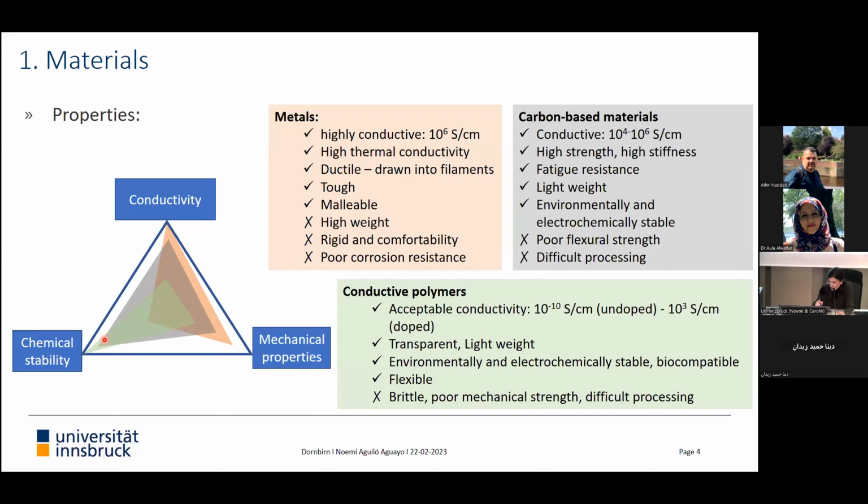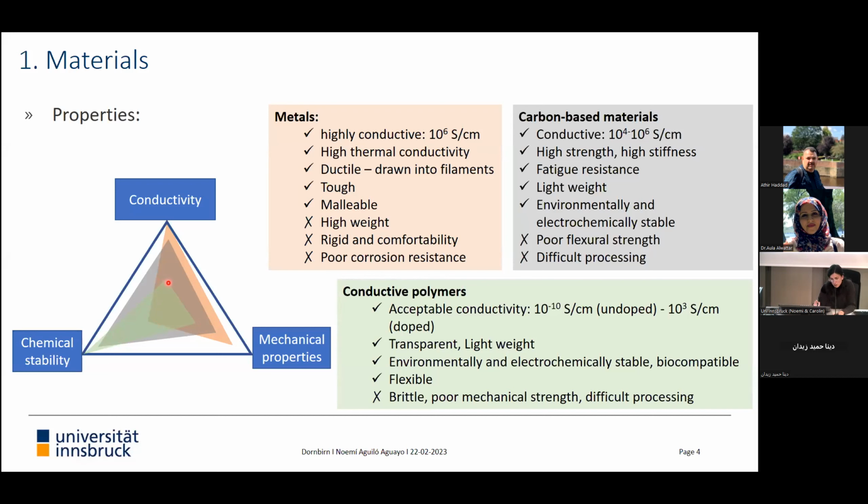So these are the positives and the advantages. The problem, as we said, is the poor flexural strength, and this makes the textile processing of these materials very difficult. Conductive polymers: the conductivity is not so good. There are strategies to increase the conductivity. One strategy is to dope the polymer.